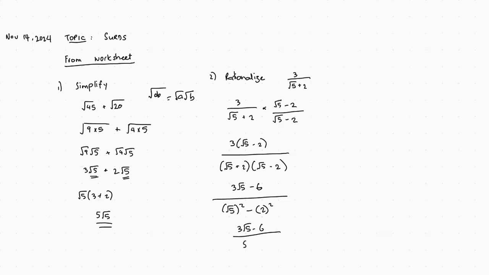So our final answer is 3 root 5 minus 6 over 5 minus 4, which is 1. So after we rationalize this, 3 over root 5 plus 2 actually works out to 3 root 5 minus 6. So this is the process of rationalization.